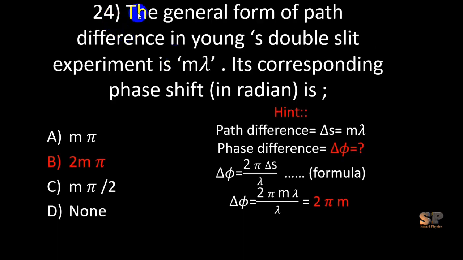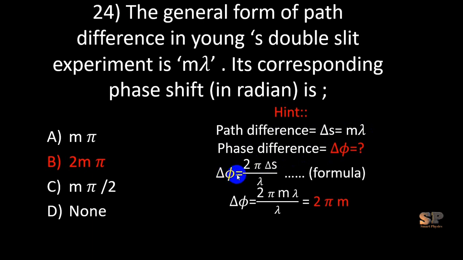MCQ number 24 है. The general form of path difference in Young's double slit experiment is m lambda. Its corresponding phase shift in radian is m pi, 2 m pi, m pi by 2, or none of the above. We are given that path difference is equal to m lambda, and we have to find out the phase difference delta phi.